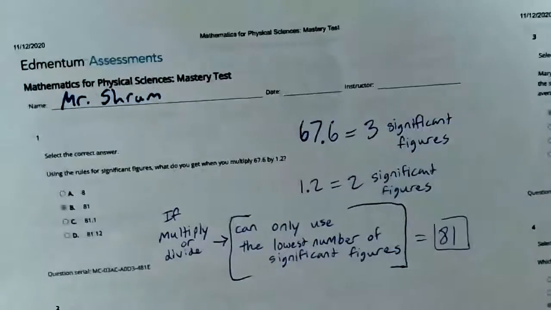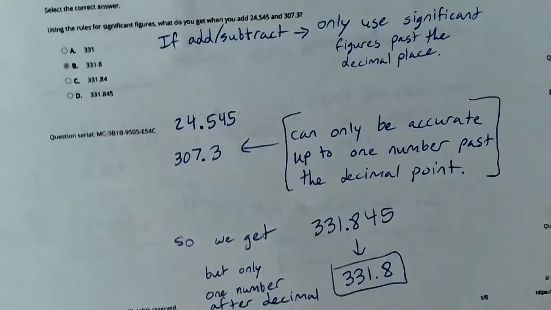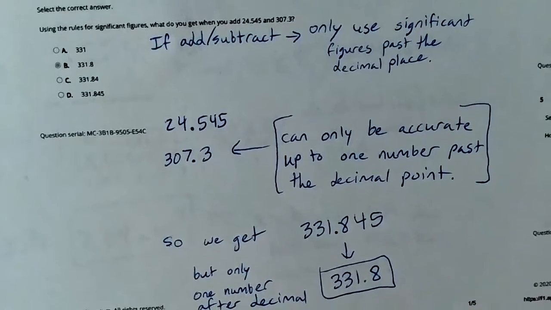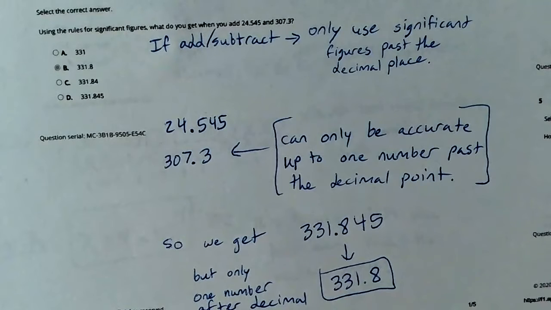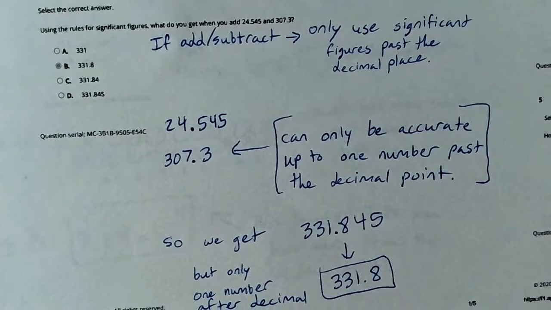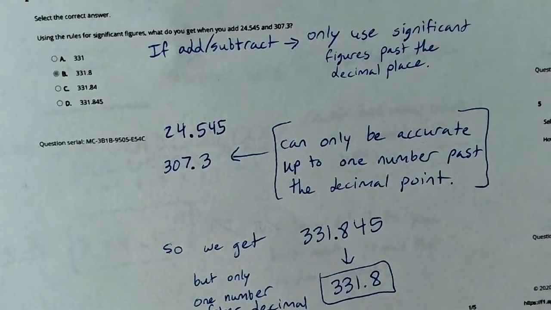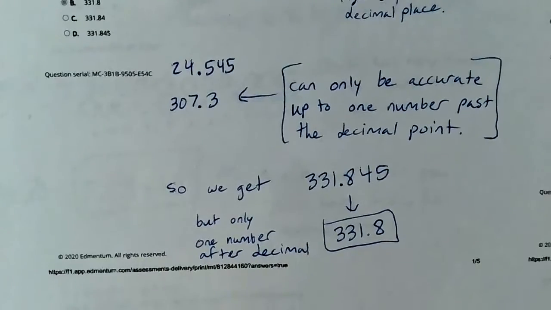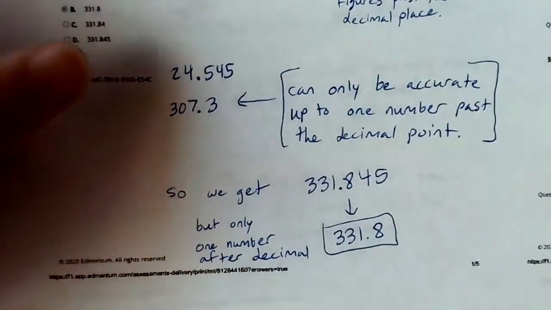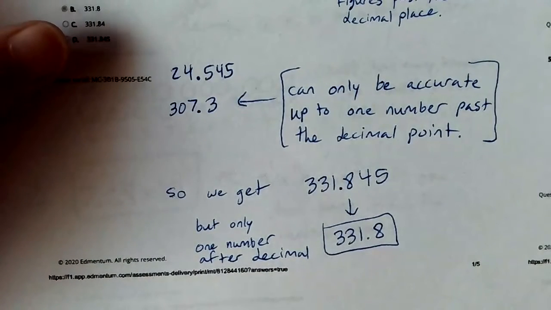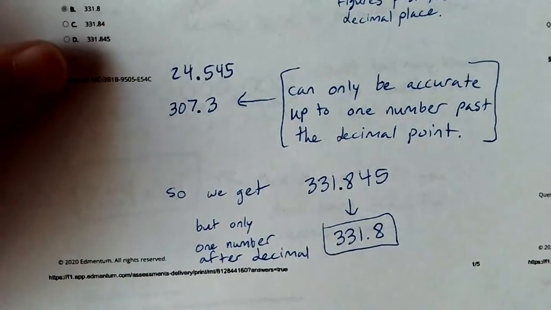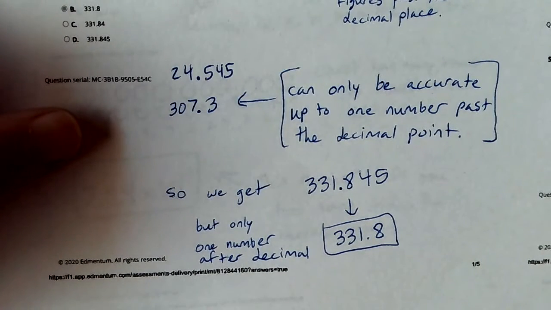Now the next question, we're adding and subtracting. If you add or subtract, you're looking at the decimal place or the decimal point. You can only use significant figures past the decimal point. So we're given 24.545 and 307.3.